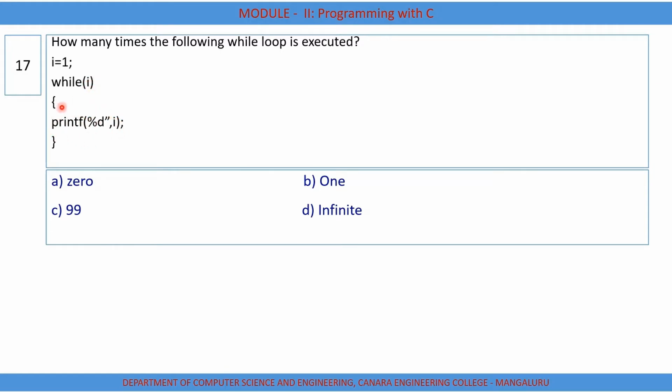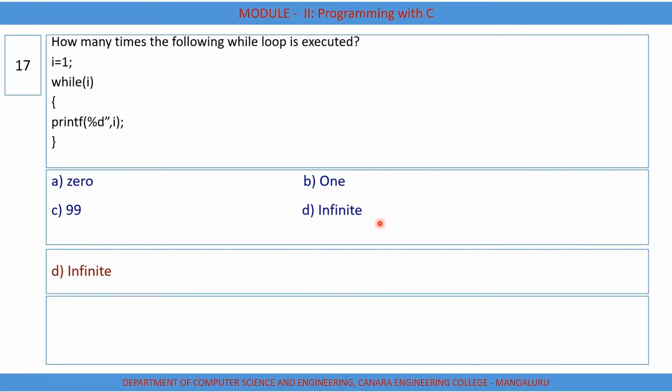Again control comes back to the while loop, and the condition is tested again. Since the value of i, that is 1, does not change here, every time the while test condition is executed, the expression evaluates to true. That's why the while loop continues to execute, and the right option is infinite.